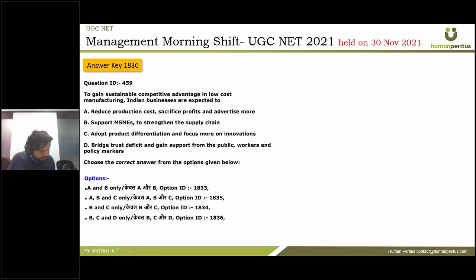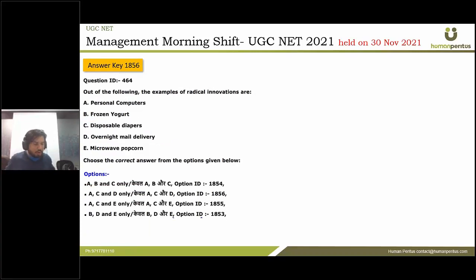Moving forward to the next slide. Now, out of the following, the examples of radical innovation. Okay, so what is radical innovation? Radical innovation is specifically any kind of strategy that will revamp your earlier strategy or even replace that strategy. So that is why it is radical in nature. Okay, now if you see these examples, you can easily get the answer. A is personal computers.